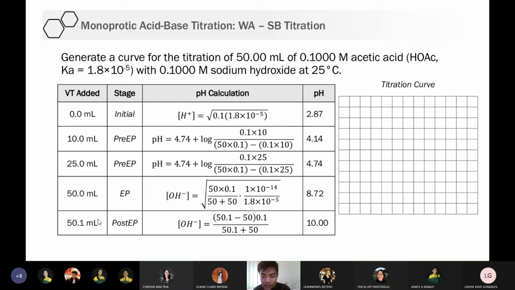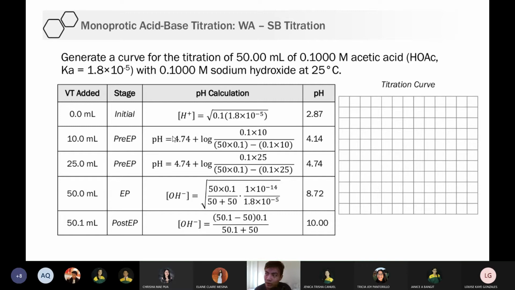Again, take note of what I said earlier, that halfway through the titration, which is the end point or the equivalence point, for weak acid strong base, the pH sa halfway na yon is equal to the pKa, as the concentration of the conjugate base and the acid is equal. Okay.